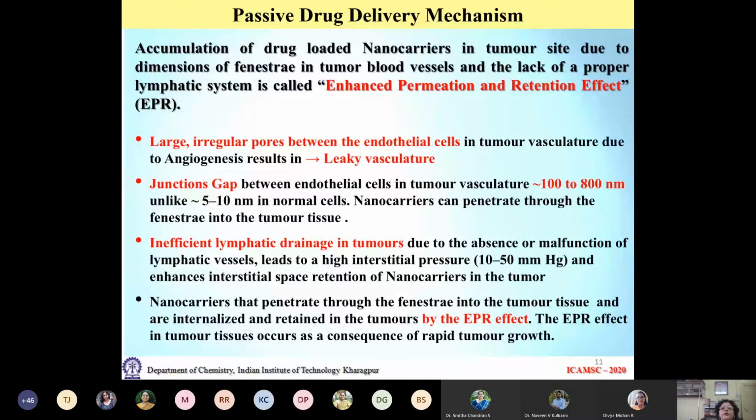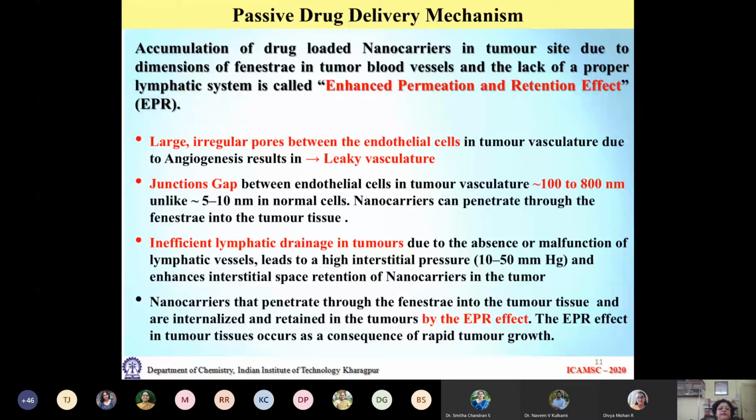So leaky vasculatures let the nano carriers enter the tumor cells, and this is done by them appearing and accumulating in the tumor site.